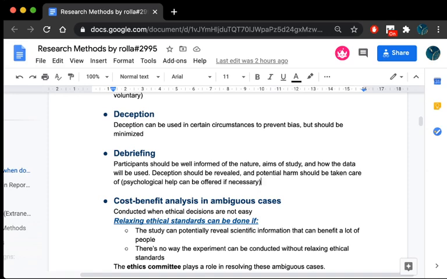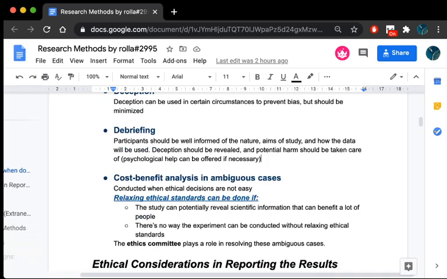So they might confirm and do that, or they might actually rebel and purposely ruin the study's results instead of showing their natural behavior. So sometimes people do deception, but it should be minimized, just in case the participants might not be comfortable with deception or the aim of the study or the nature of the study.